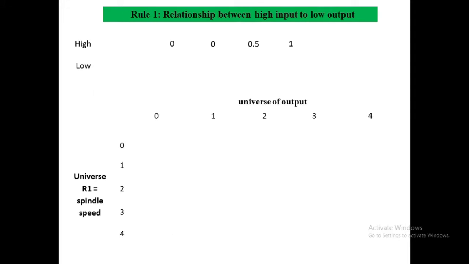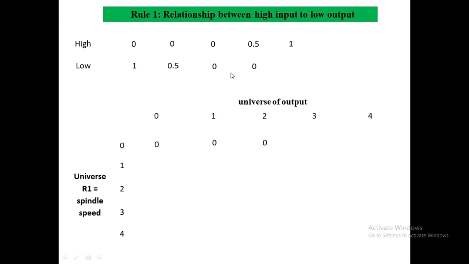Okay. After that, how do I make a relationship between high input and low output? Here you see, first 0 with the high. For the low output, 0, 1, the product is 0, because I combine 0 and 1 and get 0. Then 0, 0.5, again 0. After that 0, 0, again 0.